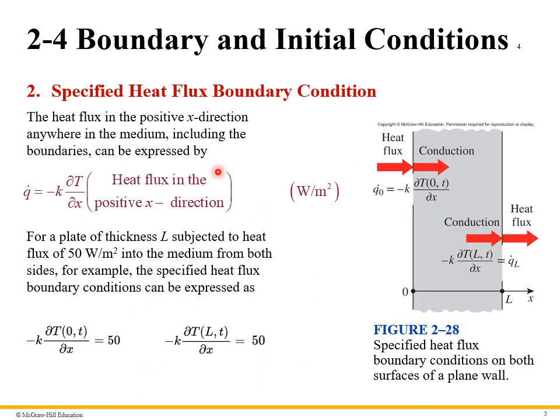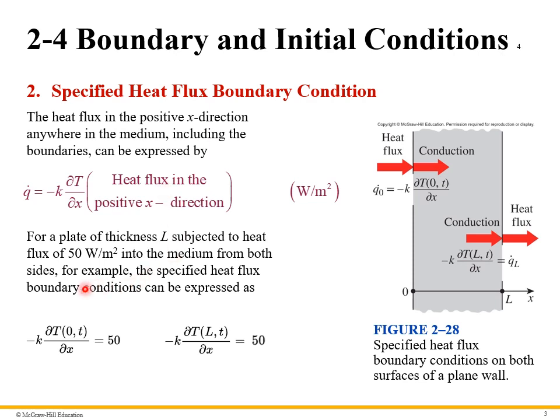The second type of boundary condition we can run into is specifying the heat flux on the boundary. Remember, heat flux is q-dot equals minus k times the partial of T with respect to x. With the negative sign, it's defined as positive in the positive x direction.